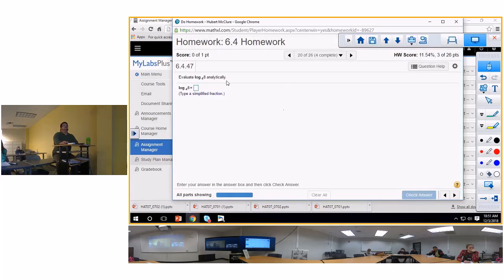All right. Evaluate log base 4 of 8 analytically. Okay, they want you to change it into y is equal to log base a of x. This is how they want you to do it.